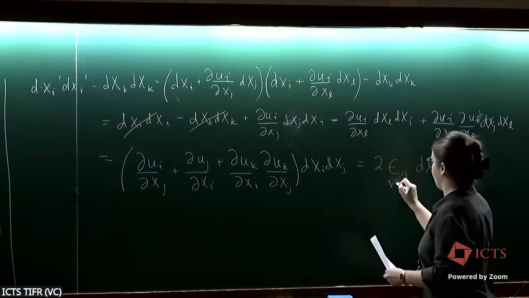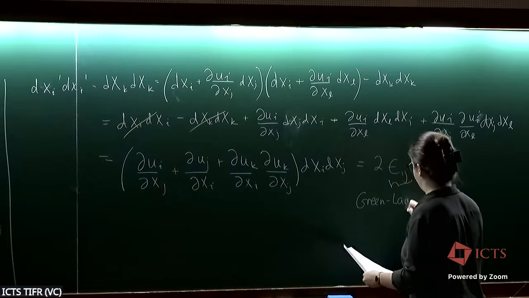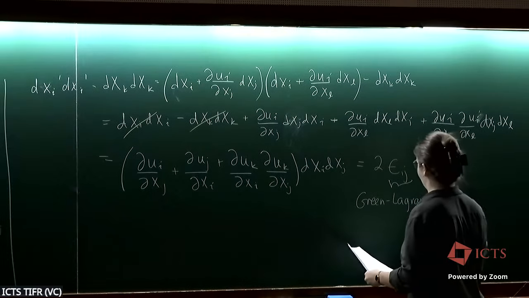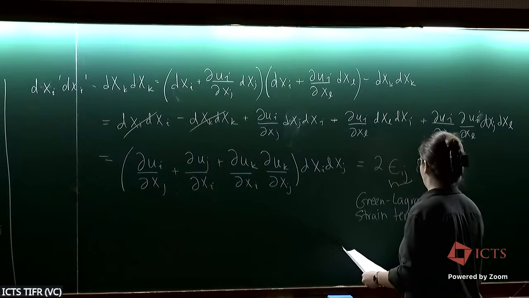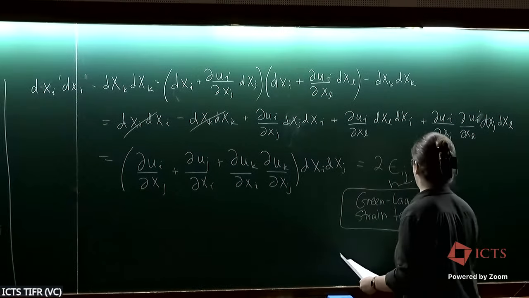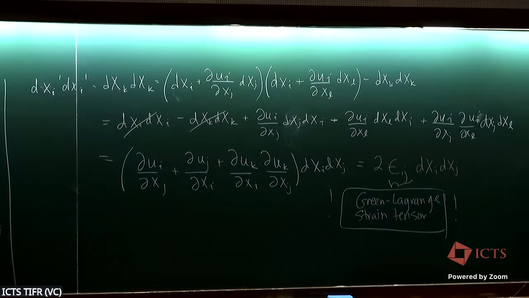And this epsilon_ij is our Green-Lagrange strain tensor, which is quite exciting.